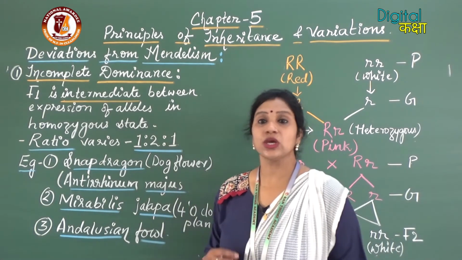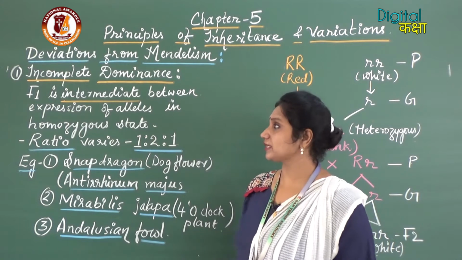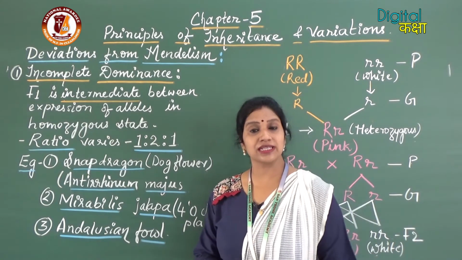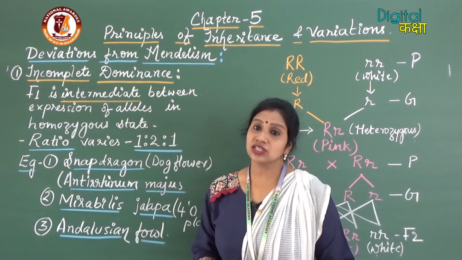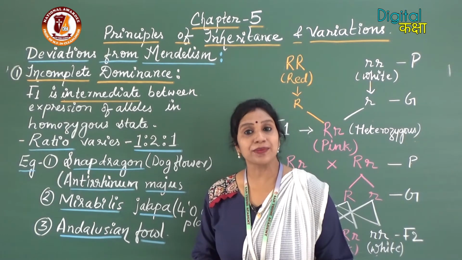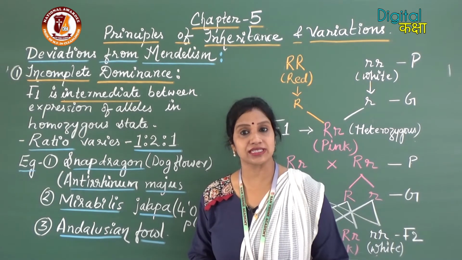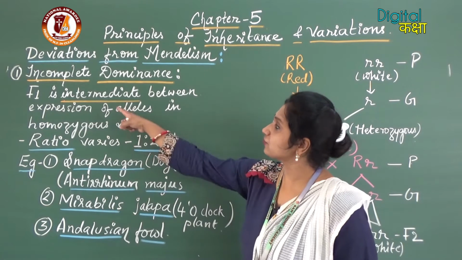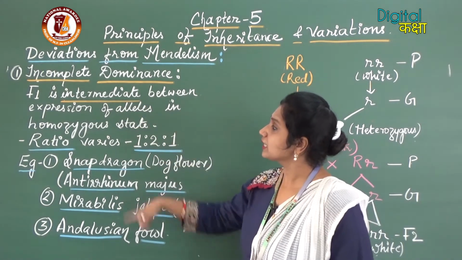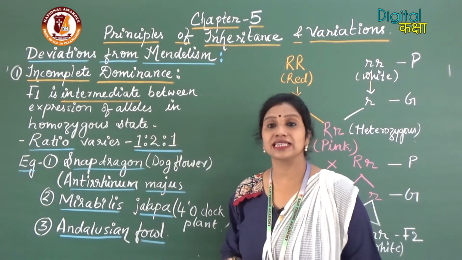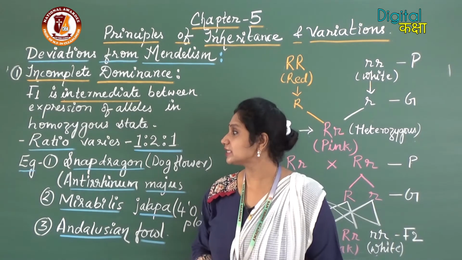So let us see what this incomplete dominance is. Incomplete dominance means the dominant allele is not completely suppressing the recessive allele. Here the F1 is intermediate between the expression of alleles in the homozygous state.